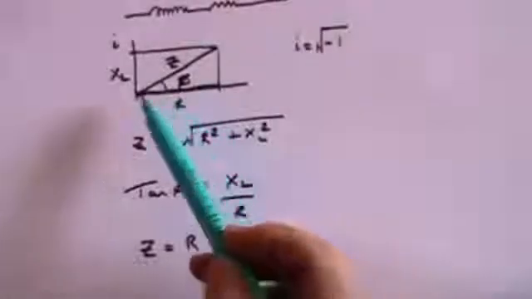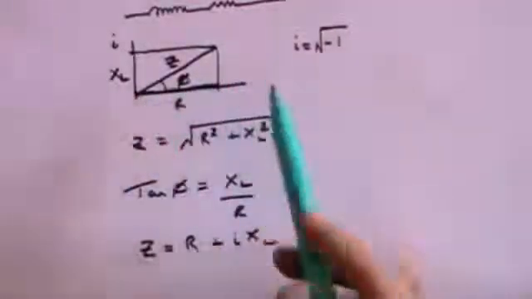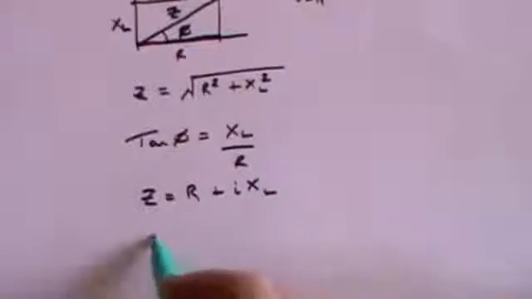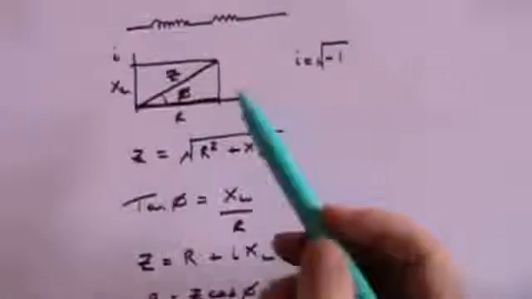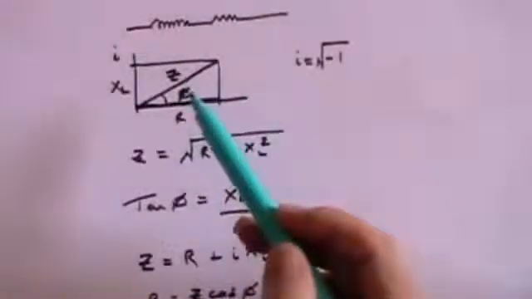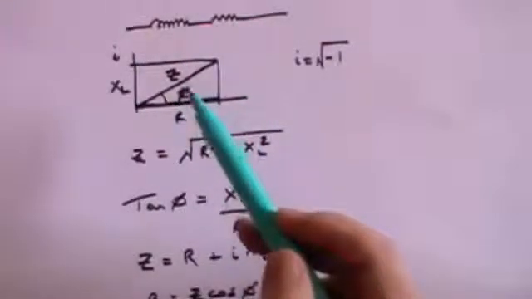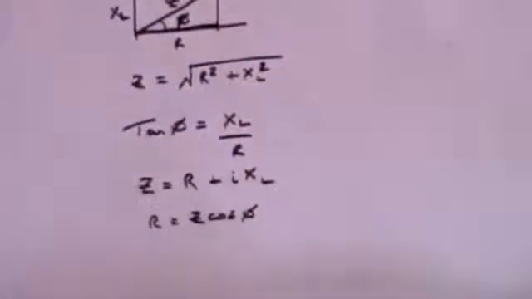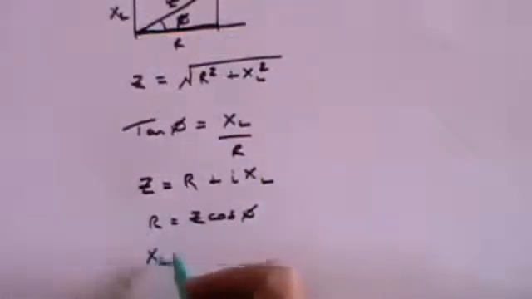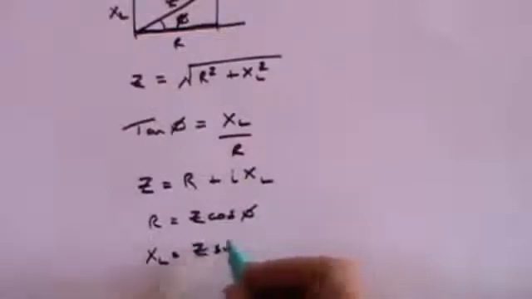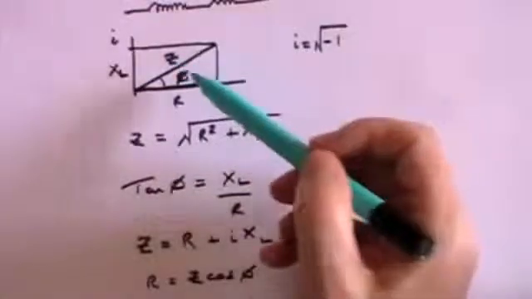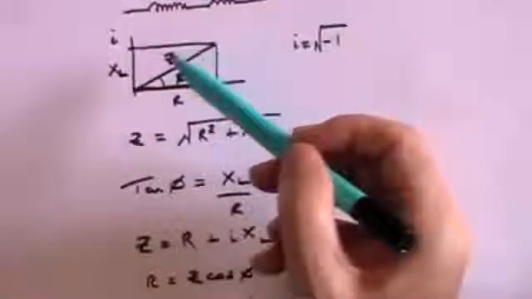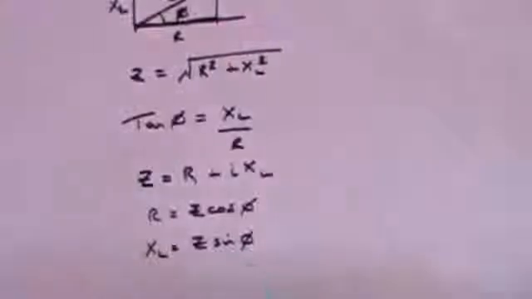And now we can do a little bit more maths. I think you will see that from this triangle here, R is Z cosine phi, because R over Z is cosine phi, so R is equal to Z times cosine phi. Similarly, XL is equal to Z sine phi, because X over Z is the sine of phi, so X is Z times the sine of phi.